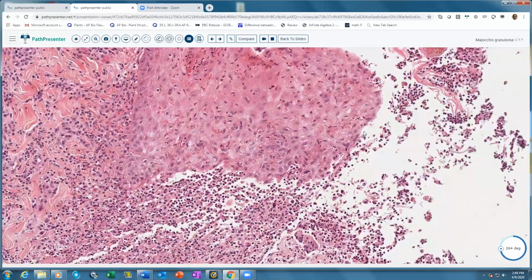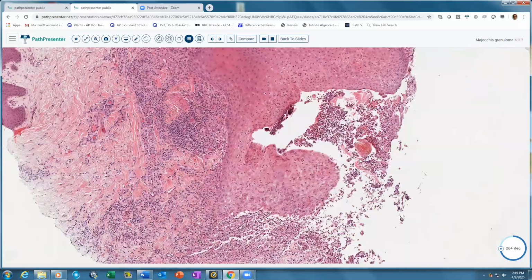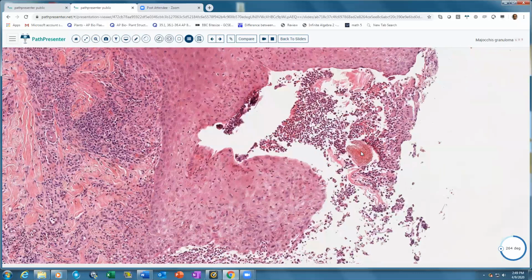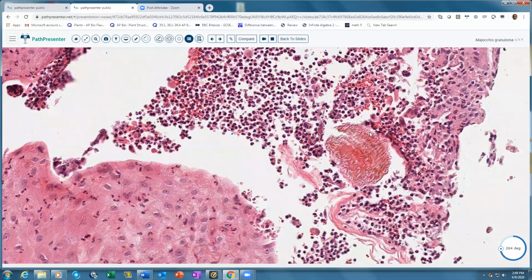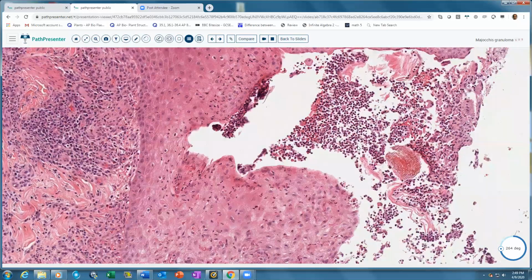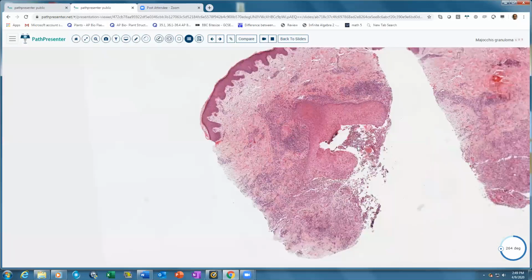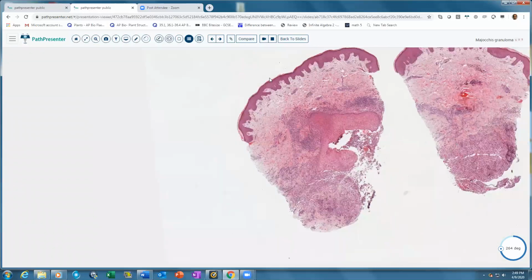Then when you look very carefully, you see this big fungal ball, with a lot of hyphae here. The PAS is going to make seeing this very easy. So you see a lot of suppurative and granulomatous inflammation in association with fungal hyphae within the dermis, and that is Majocchi's granuloma.